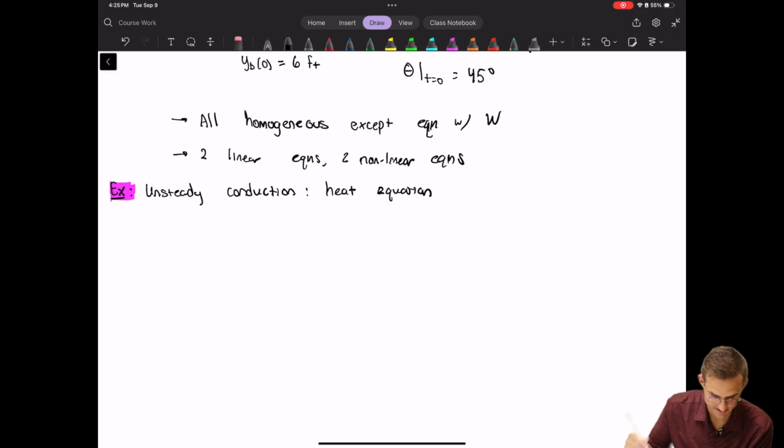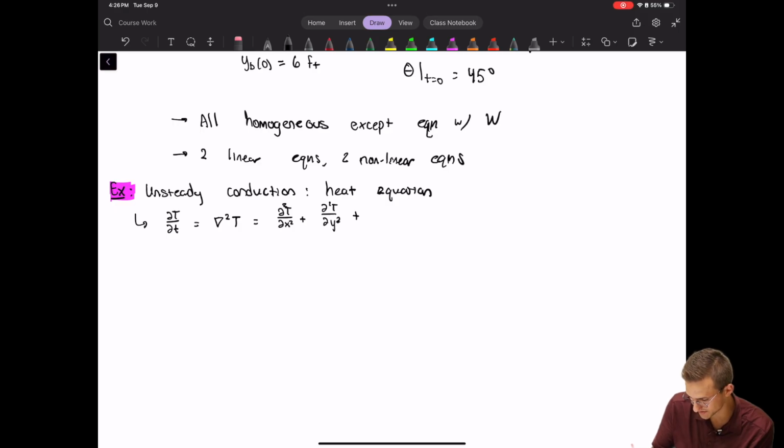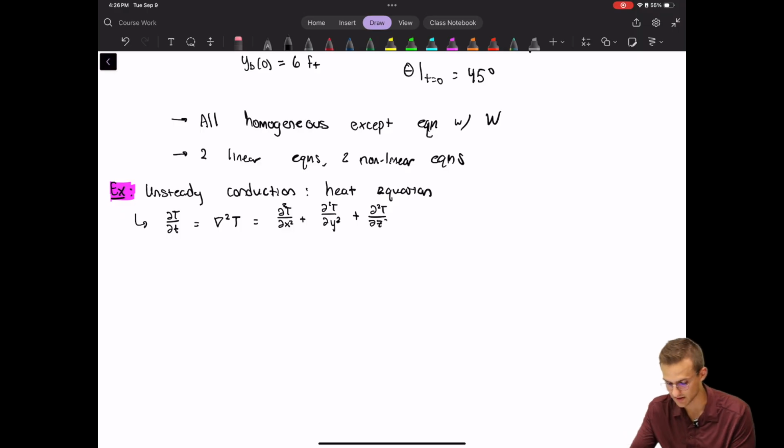What I'm going to say here is that you're going to have a partial differential equation. So the heat equation is the partial derivative of the temperature with respect to time is equal to the Laplacian of T, which is expanded out d squared T dx squared plus d squared T dy squared plus the second derivative of T with respect to z.